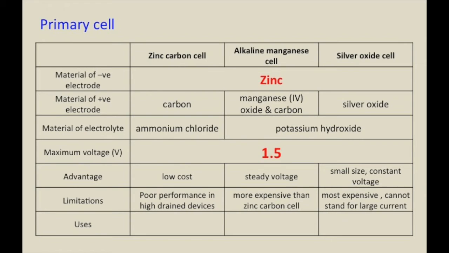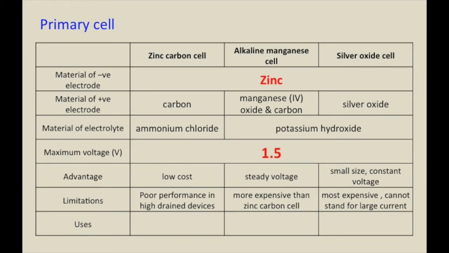Okay, now the advantage, I think you can read it by yourself. Okay, the most important part is that the advantage of the zinc carbon cell is that it is very cheap. Okay, but the problem is they perform poorly in high drain devices. What I mean by high drain device is something that uses a lot of electricity.